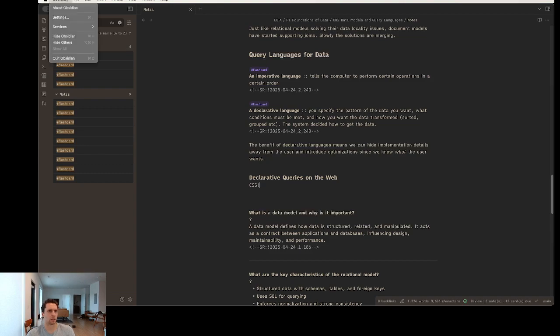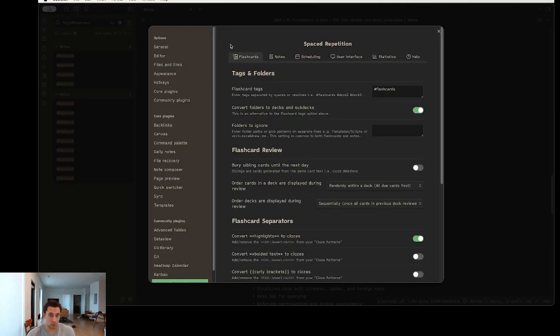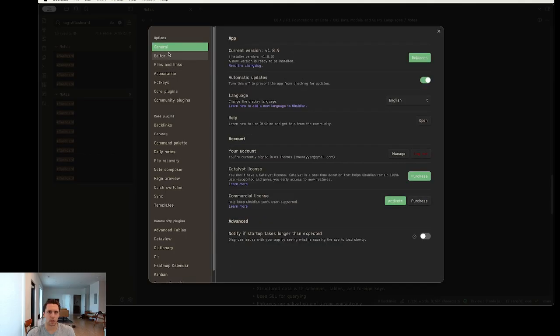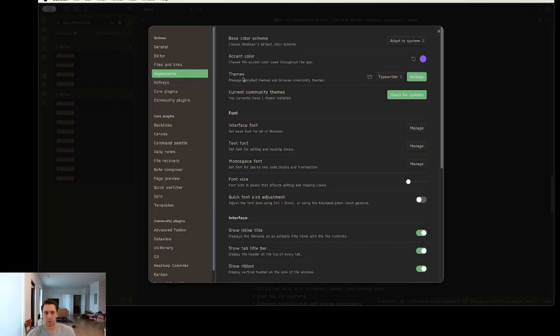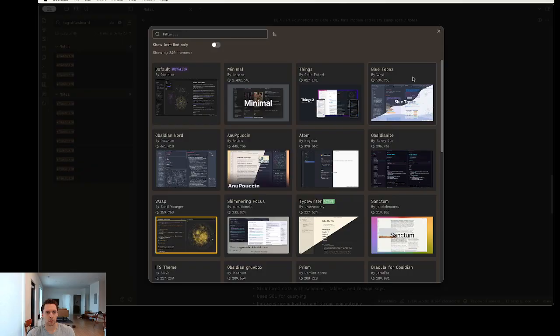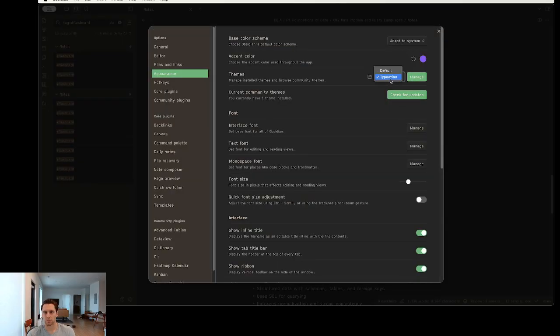Let's see. Settings. General. How does this work? Appearance. The theme is typewriter. Looks like the theme.